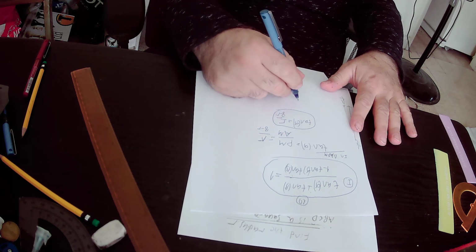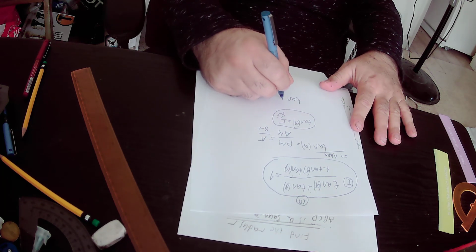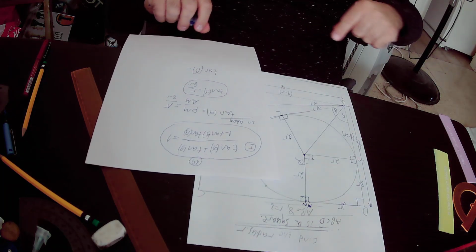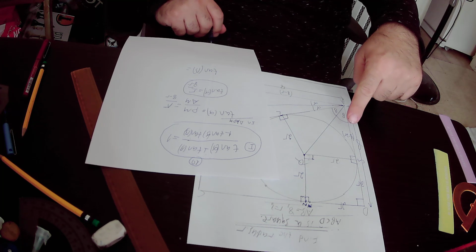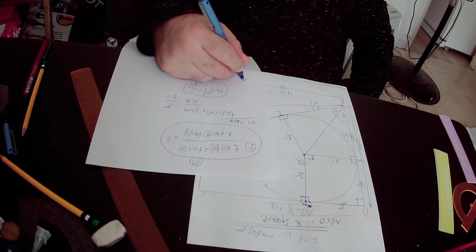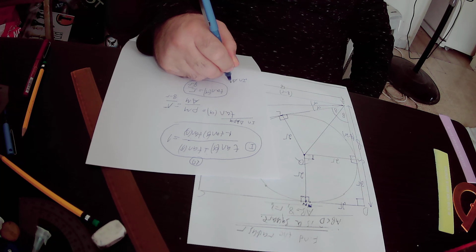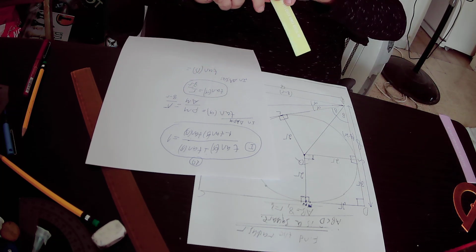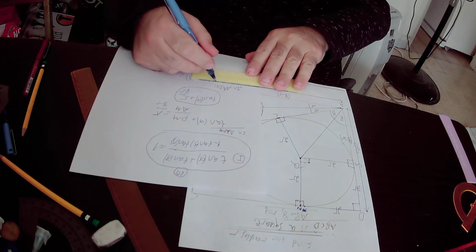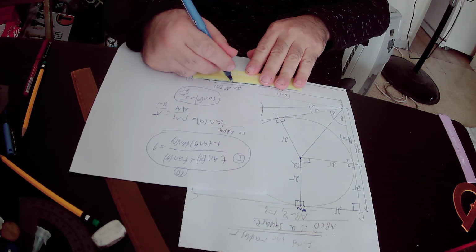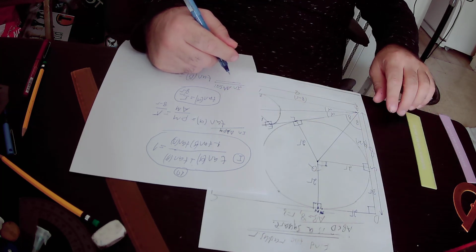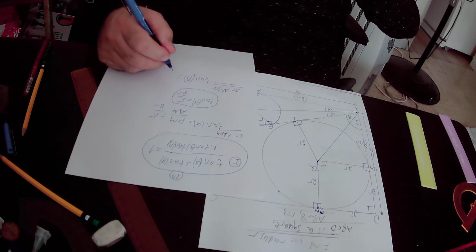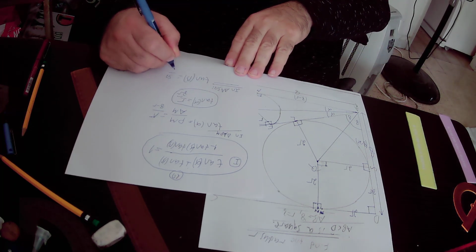Okay, so what is the value of tangent beta? We will focus on the right triangle, triangle ASQ. In the right triangle ASQ, tangent beta equals SQ over AS.